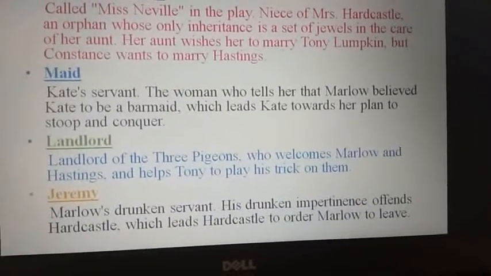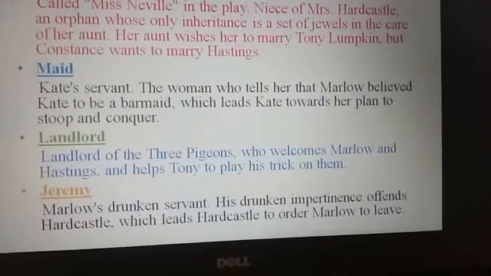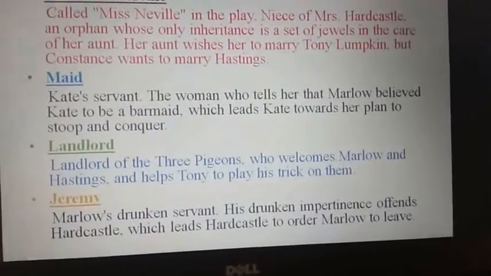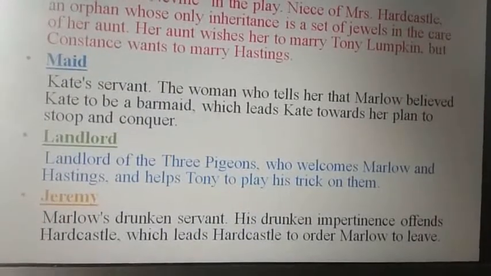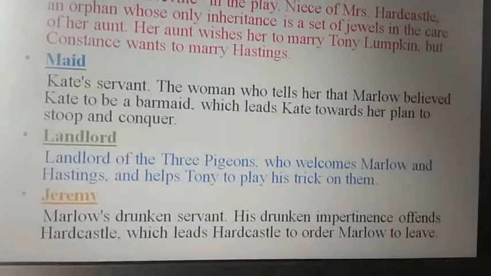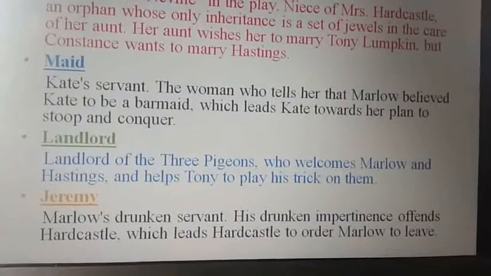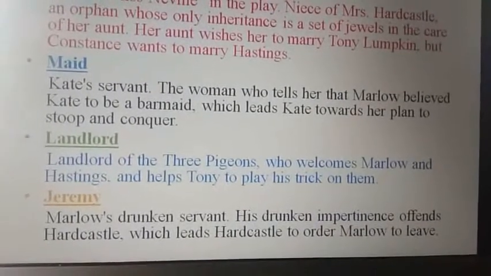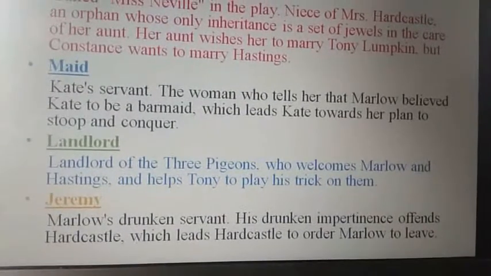And the next character is the landlord of the Three Pigeons, who welcomes Marlowe and Hastings and helps Tony to play the trick on them. And the last character is Jeremy. Jeremy is Marlowe's drunken servant. His drunken impertinence offends Hardcastle, which leads Hardcastle to order Marlowe to leave.